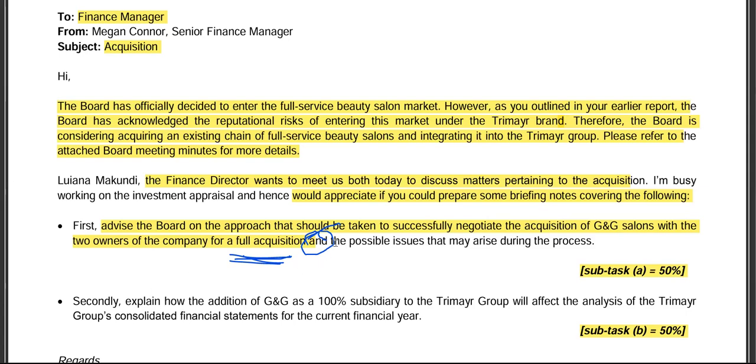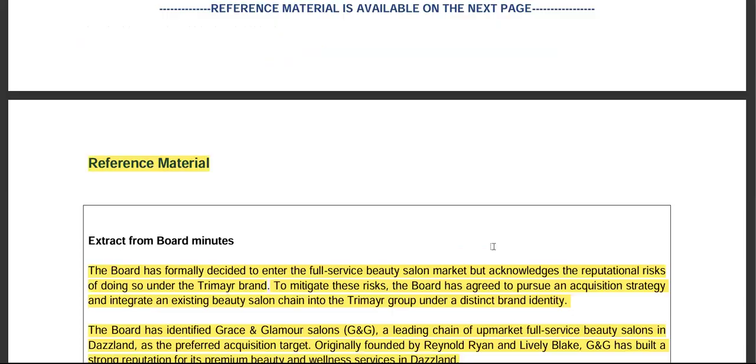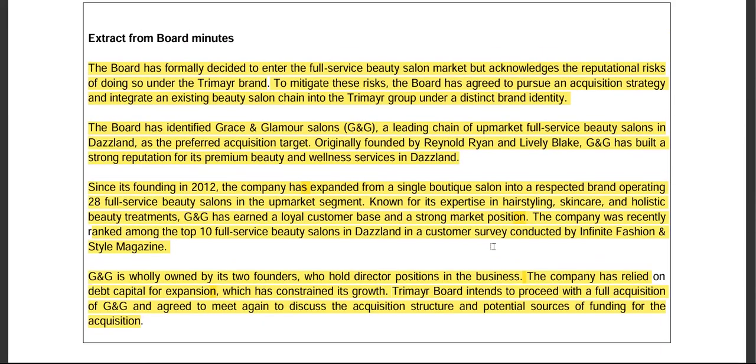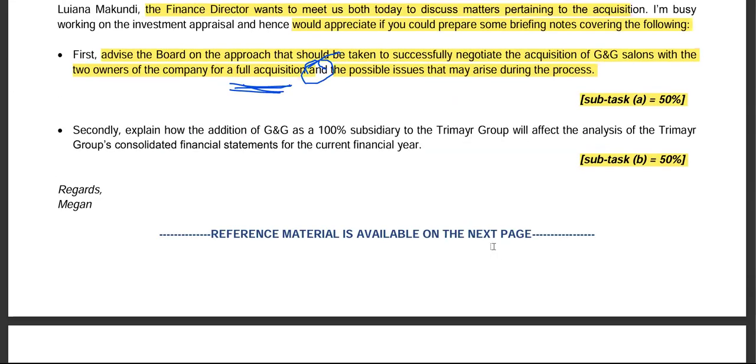We also need to identify the possible issues that may arise during the process. Well, I picked a few points the moment I read it. As I mentioned, there were so many good things about this company, and it's going to be difficult to convince its owners to fully sell their company and have nothing left for them.